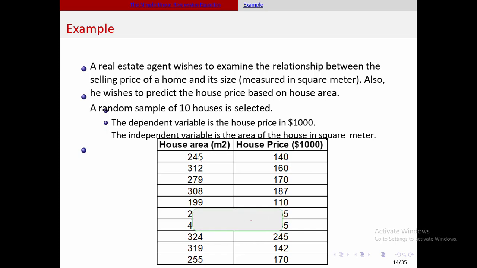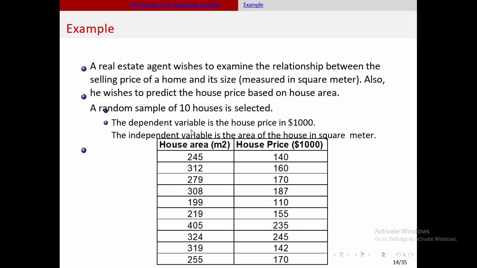He measured the house areas in square meters, and he also noted down the house prices in thousands. For example, 140, and now there will be three zeros after that. The independent variable is the house area that is measured in square meters.